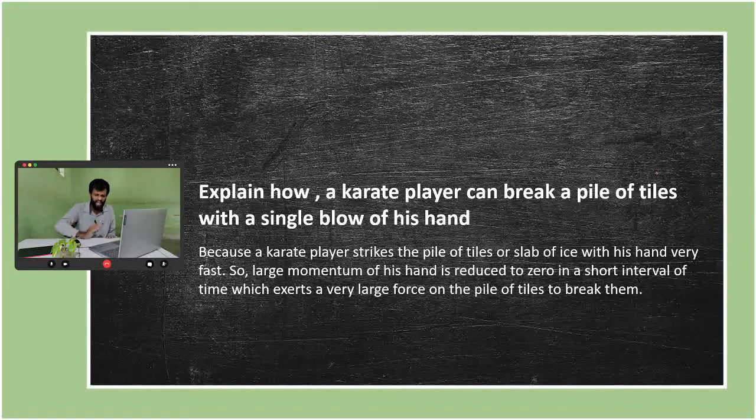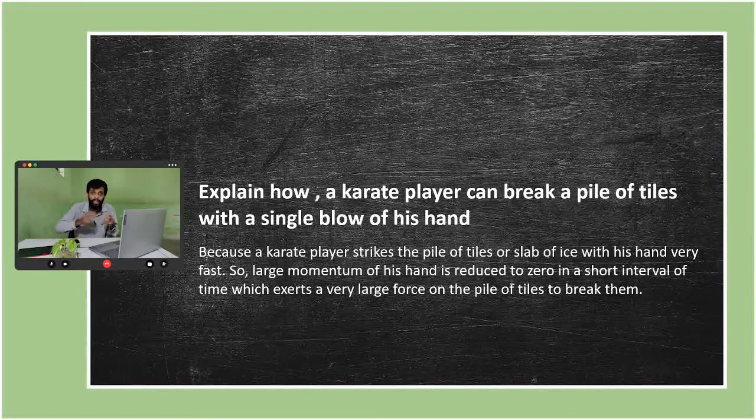If you just say, okay, I'm going to break this tile and slowly hit it, there won't be any impact. So for the impact to be higher, the mass of the object and the velocity have to increase, because momentum is nothing but mass into velocity. The large momentum of the hand is reduced to zero in a very short interval of time.